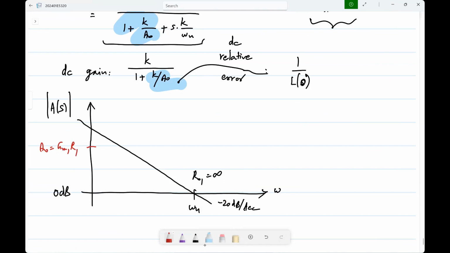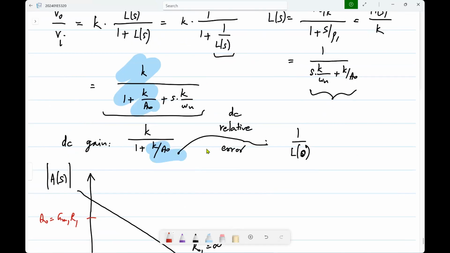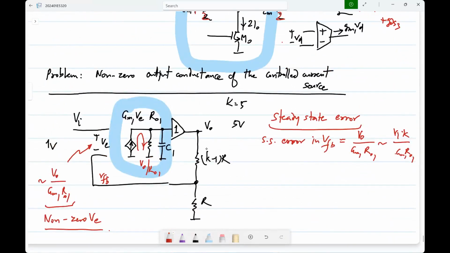And then after that, it's again useful to look at the circuit and understand that at very low frequencies, the current just goes through RO1, and the gain is constant, GM1 RO1. At high frequencies, all of this current goes through C1. So it's the same as before. So you expect the high frequency transfer function to be exactly the same as before.